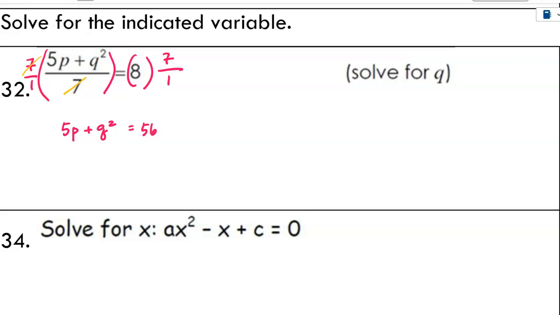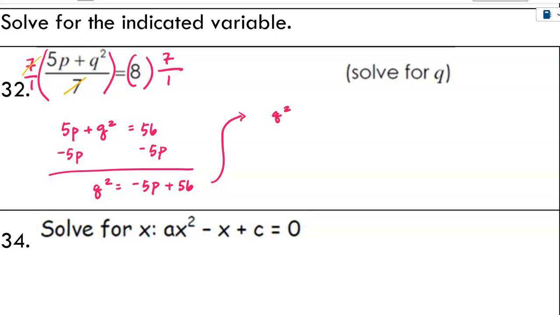Okay, now I'm going to isolate Q on the other side. Q to the second equals negative 5P plus 56. Now, in order to take the Q squared and make it just Q, you have to put a radical.